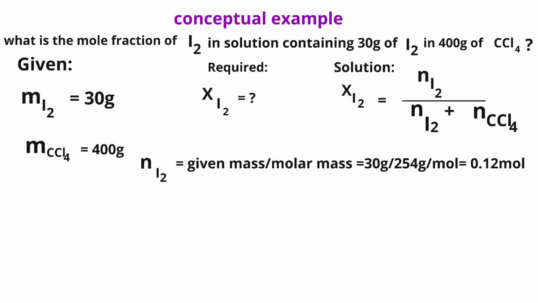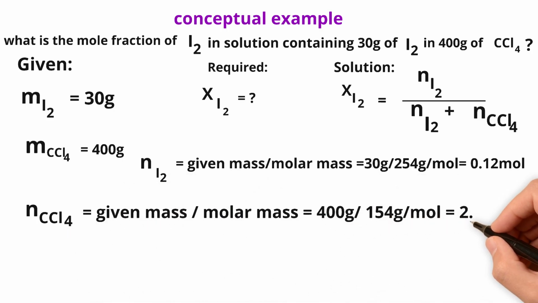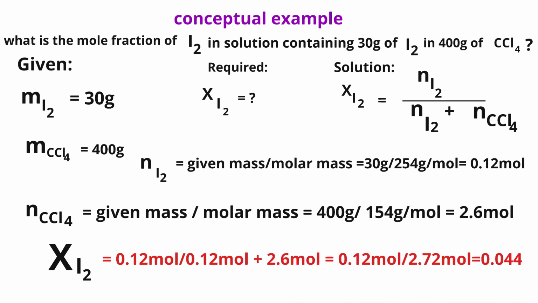And the mole of carbon tetrachloride is equal to given mass upon molar mass, which is equal to 400 grams upon 154 grams per mole, which is equal to 2.6 mole. Now, mole fraction of iodine is equal to 0.12 mole upon 0.12 mole plus 2.6 mole, which is equal to 0.12 mole upon 2.72 mole, which is equal to 0.044.